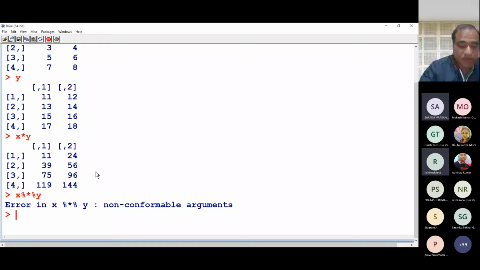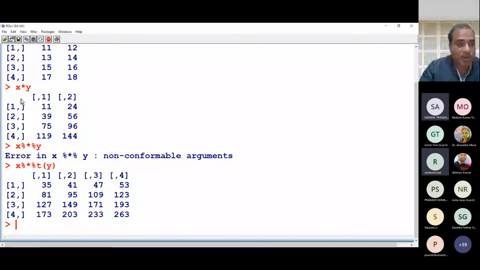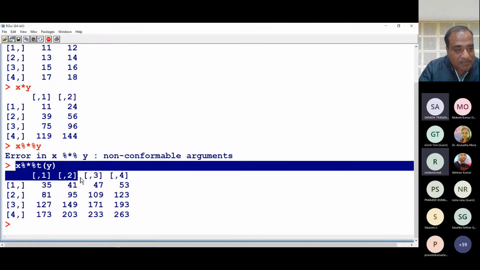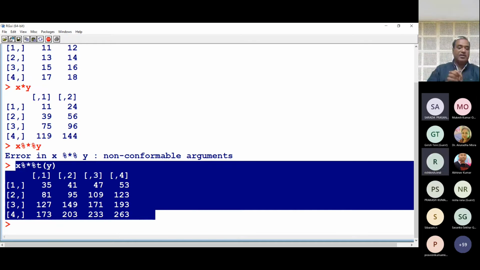For example, if I write the trace of Y, then you will see this coming here, and now you can see that X star Y and this matrix multiplication are two entirely different things.